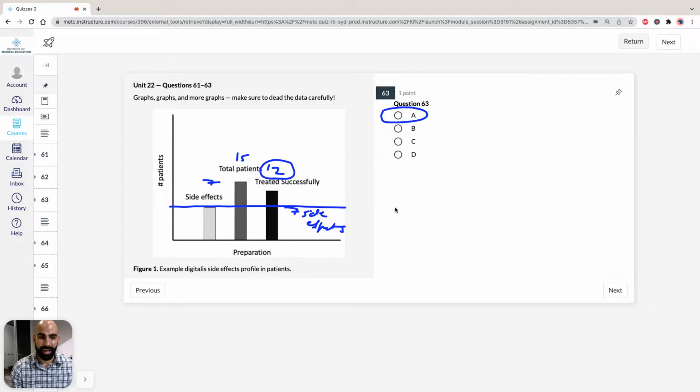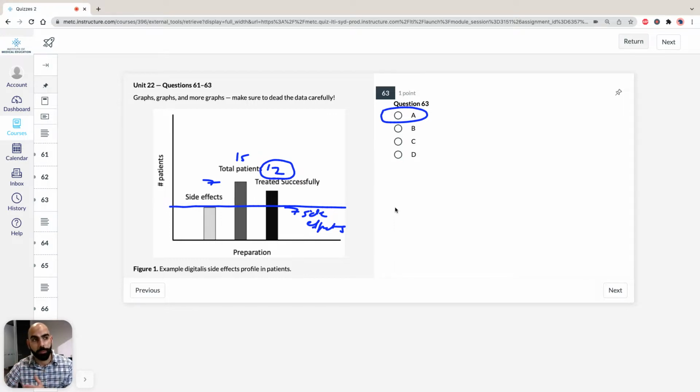Now remember with these sorts of graphical questions, take a look at the graph properly, understand what the X and Y axis are telling us, the context behind why the graph was designed. In this instance, we're looking for the effectiveness of the formulation for treating the patient successfully. That's the primary endpoint. The secondary endpoint is the side effects.